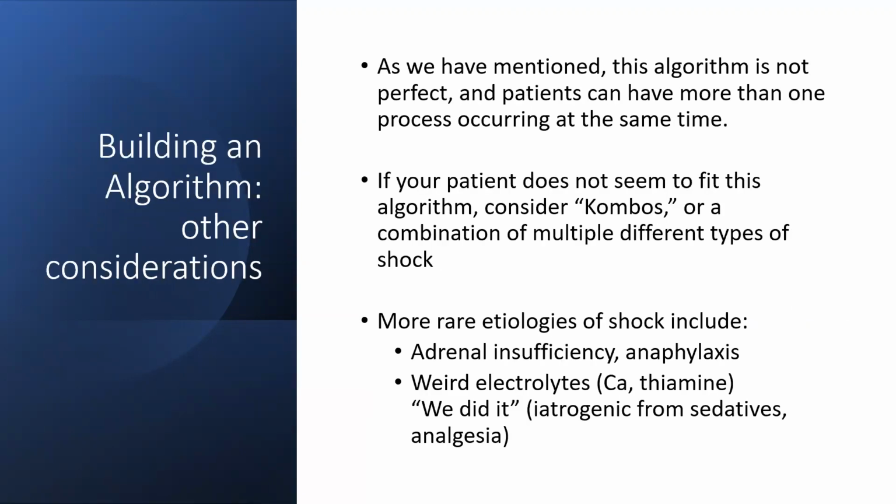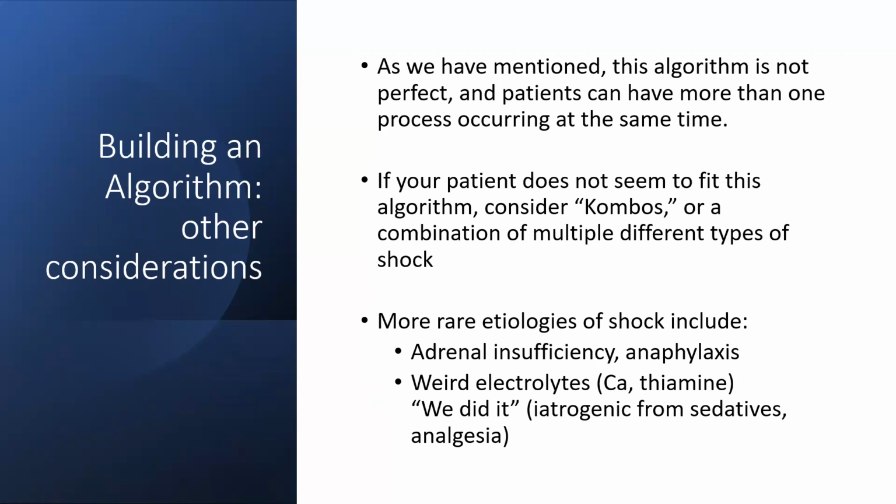And then there are a couple other add-ons at the end that somebody mentioned earlier, adrenal insufficiency. The textbook also puts anaphylaxis here, which I think you could also argue is a type of distributive shock.